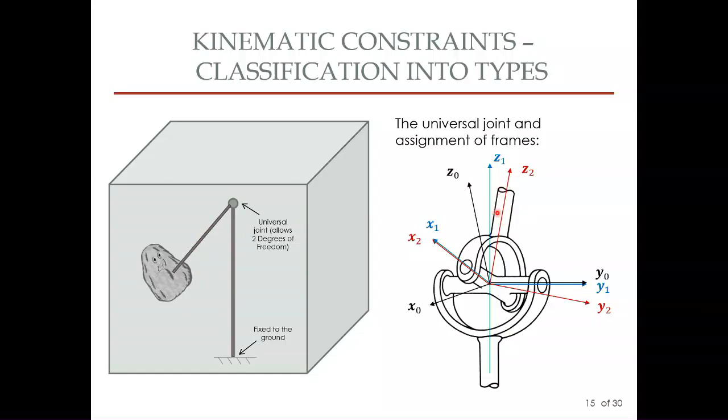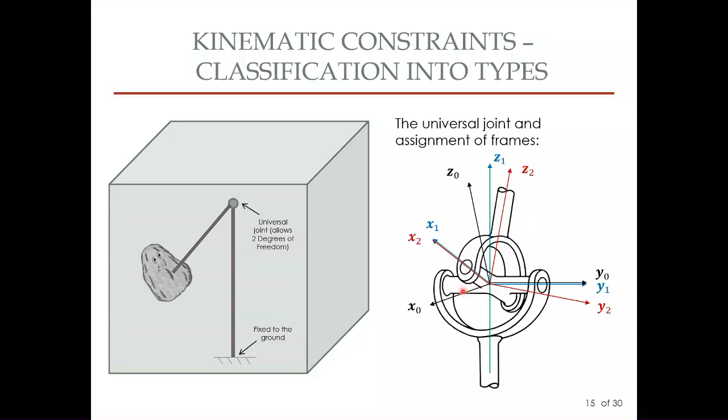So this end and this end are the 2 connected rigid bodies, and whatever happens in between them is like a zoom in into the joint. It's a bit too low, but it's written universal joint. So this is how it looks when you zoom in.